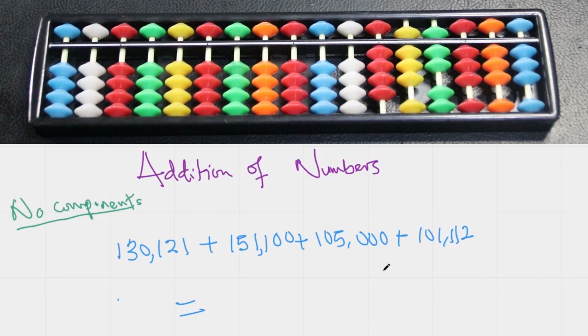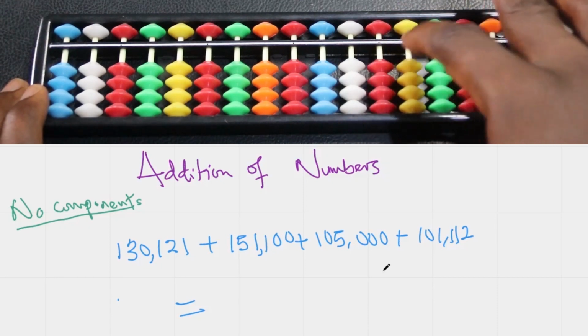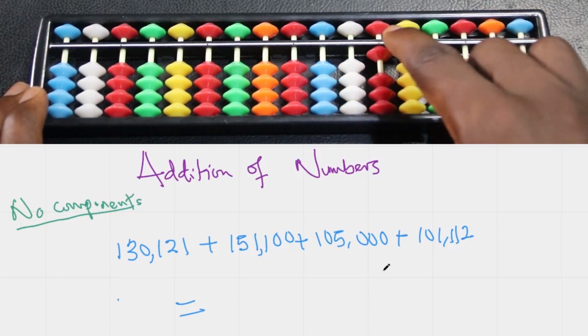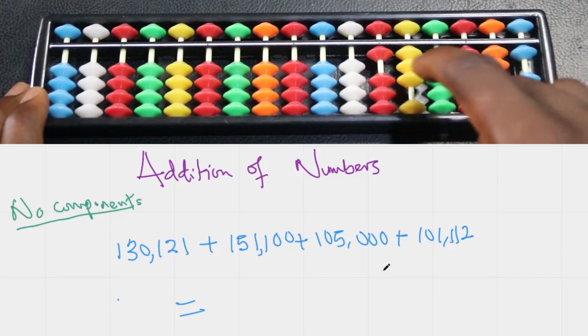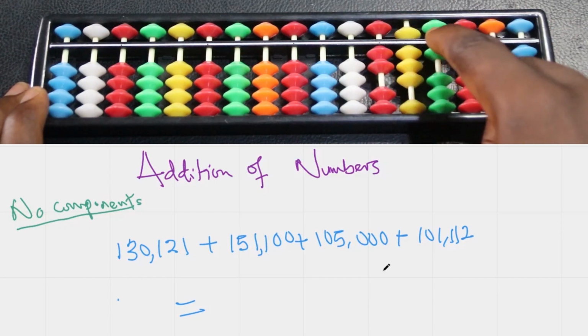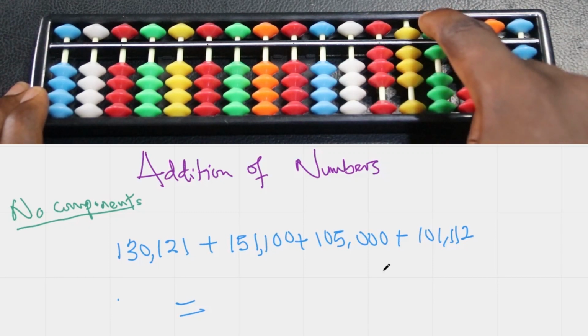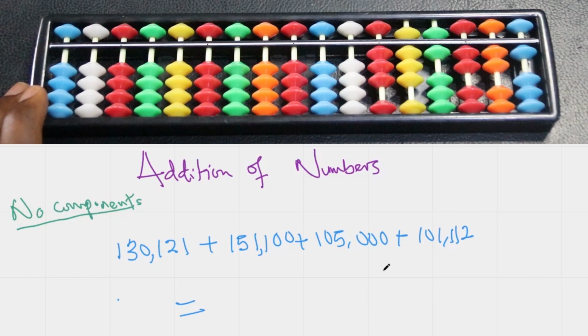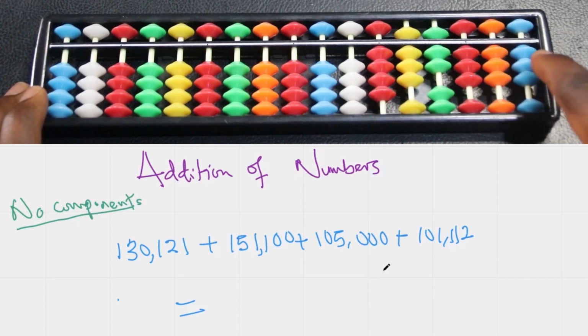487333. Let me just do that again so that we are sure we have not made any error. Once again, 130121 and then 151100, then 105000 plus 101112.